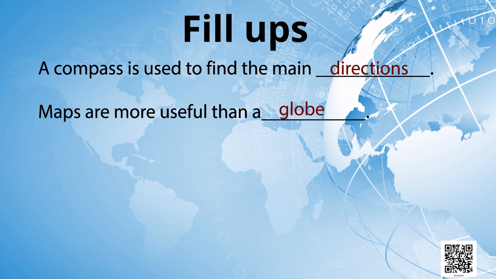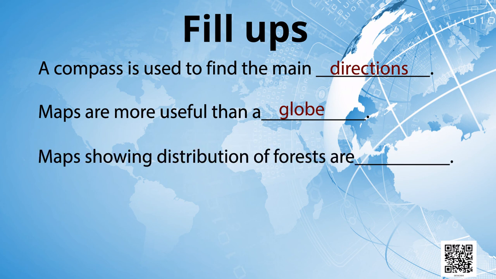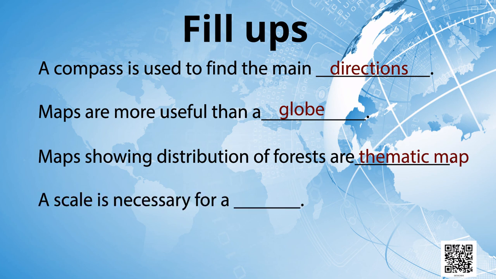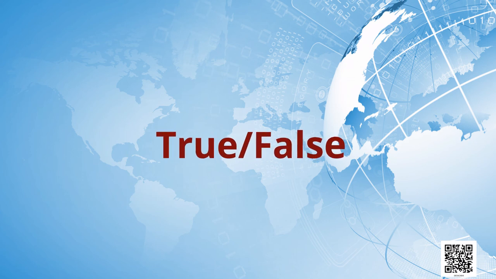Answer is globe. Next, maps showing distribution of forests are dash. Answer is thematic map. Next, a scale is necessary for a dash. Answer is map.